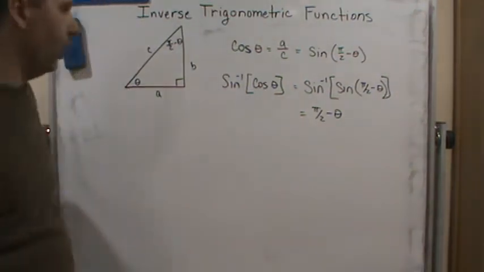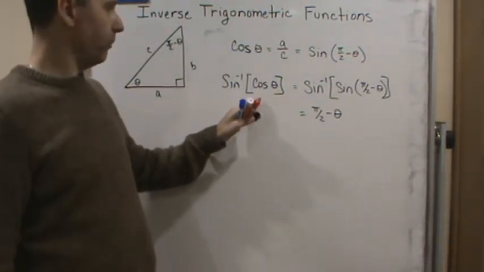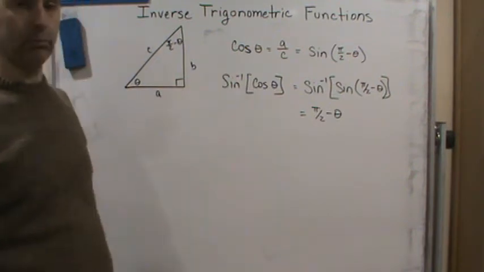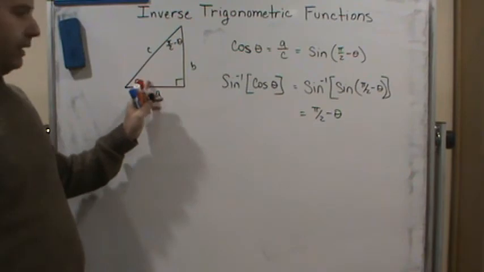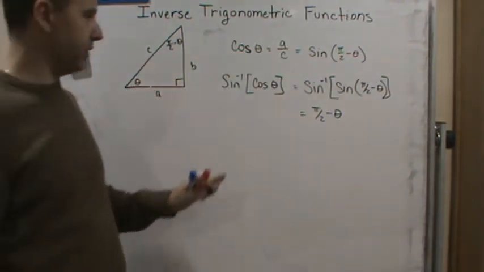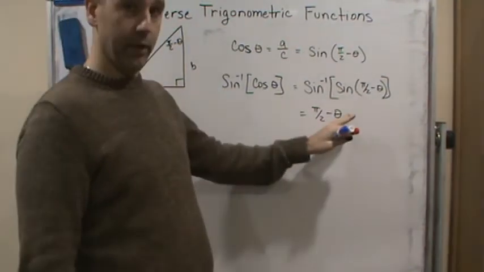Now be careful here. What is the restricted domain that we have to use? Well, here it has to be 0 to pi. As long as theta is in the domain, 0 to pi, then we're good.